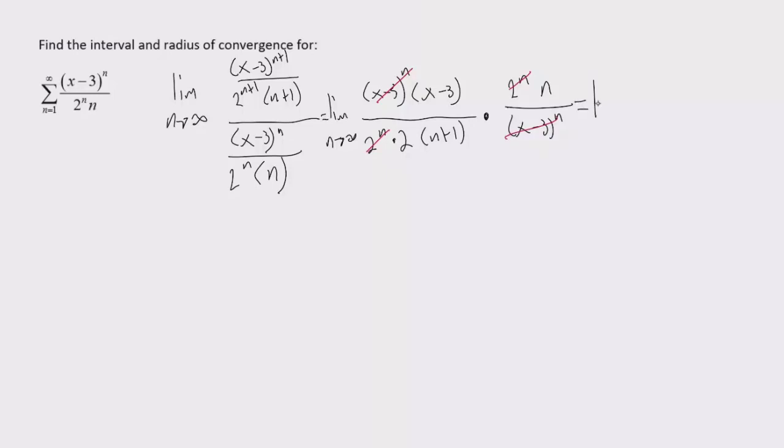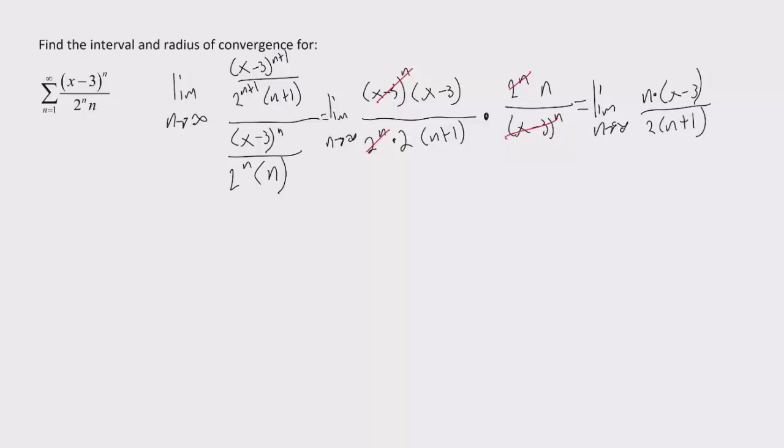And so the limit as n approaches infinity, I have n times (x minus 3) over 2 times (n plus 1). All right, so at this point, we're just going to take advantage of some definitions here.